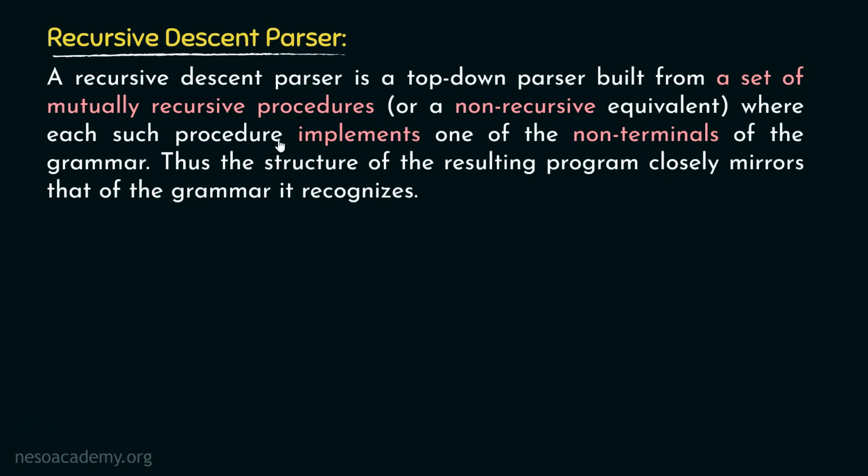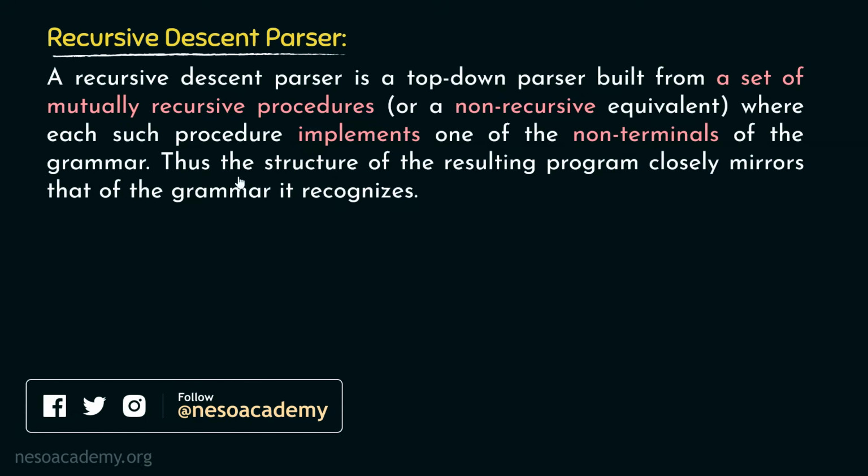The procedures will implement all the non-terminals of the grammar. Basically, in a grammar, we have terminals and non-terminals. So, all the non-terminals in all the production rules of the grammar will have different procedures. This way, the structure of the resulting program will closely mirror the grammar it is supposed to recognize.